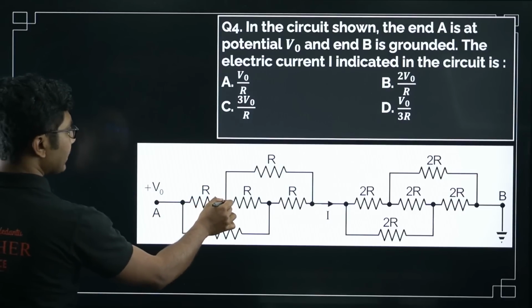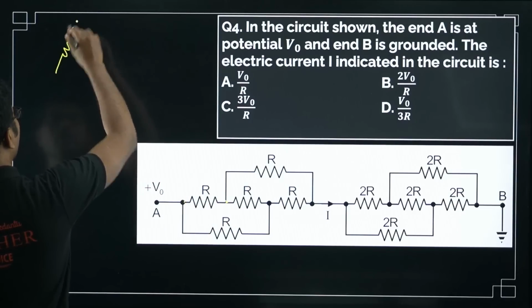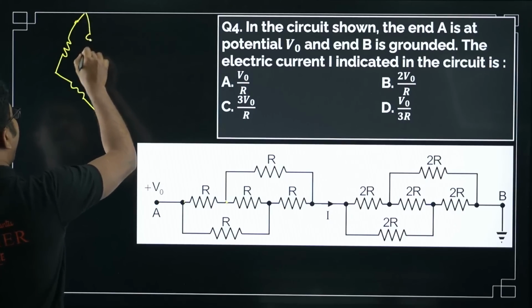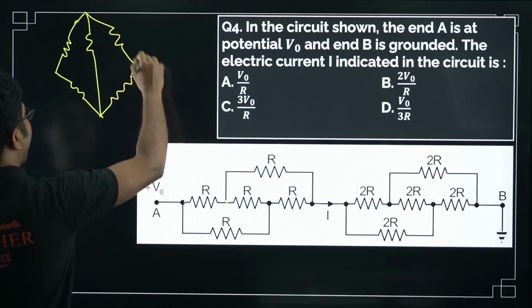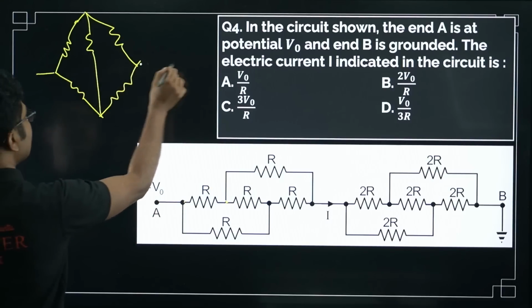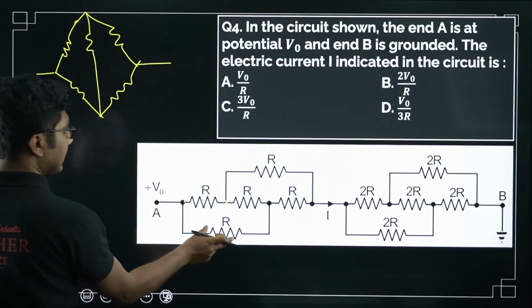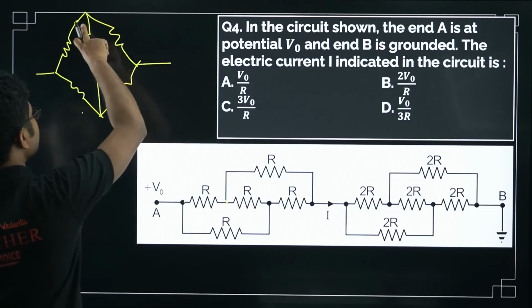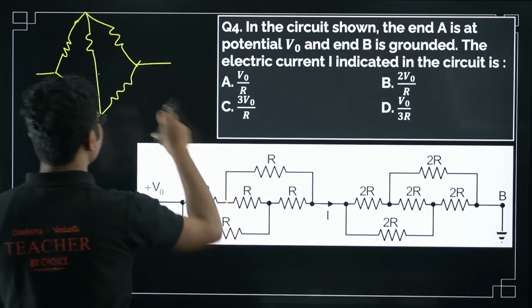So if you redraw this circuit like this, you just need to redraw this circuit diagram. This resistance will be like this, this one is the central resistance, this one is from here to here, and this one is from here to here.